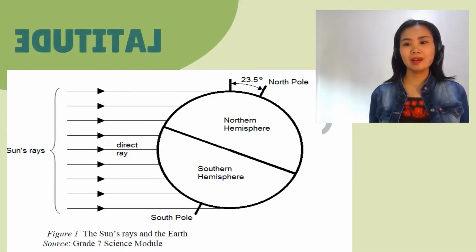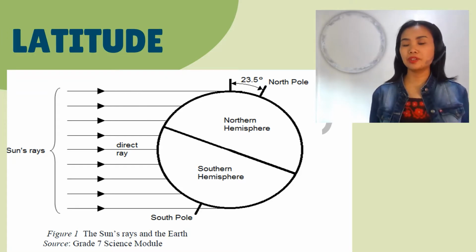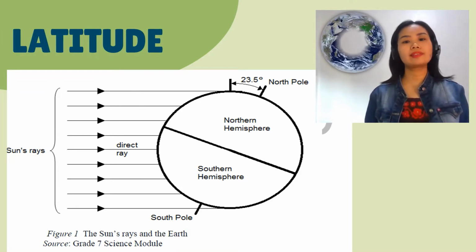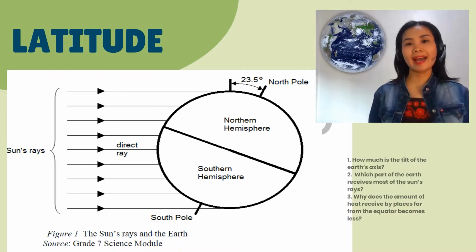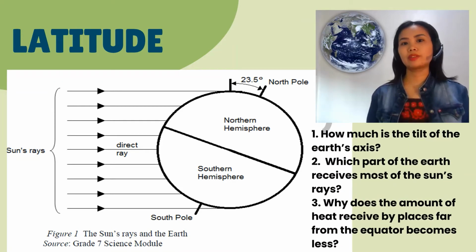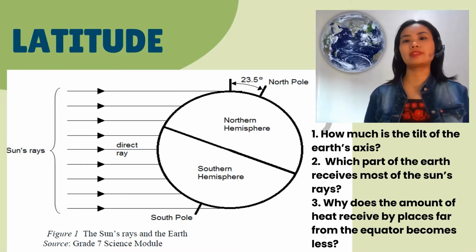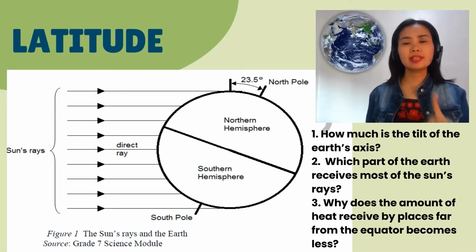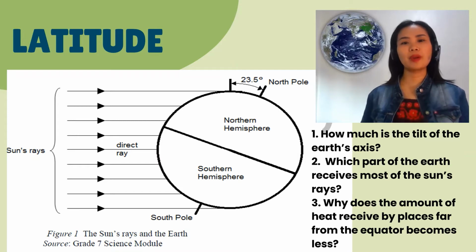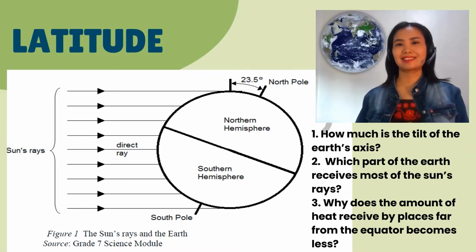Now this time, I want you to observe our figure number 1, the sun's rays and the earth. How much is the tilt of the earth's axis? Which part of the earth receives most of the sun's rays? And why does the amount of heat received by places far from the equator become less?